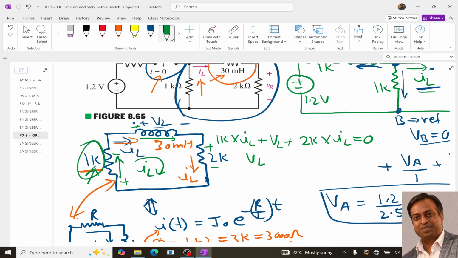It means VL is equal to minus 3K into IL.